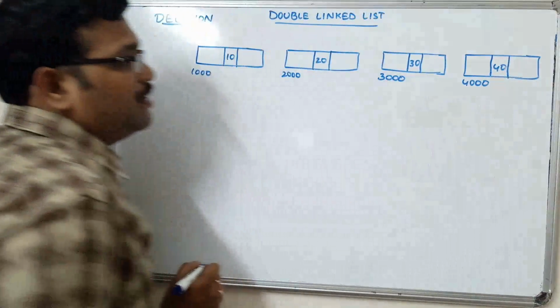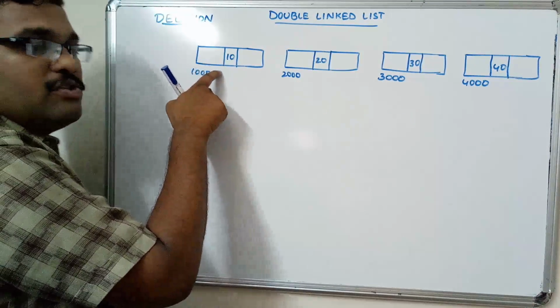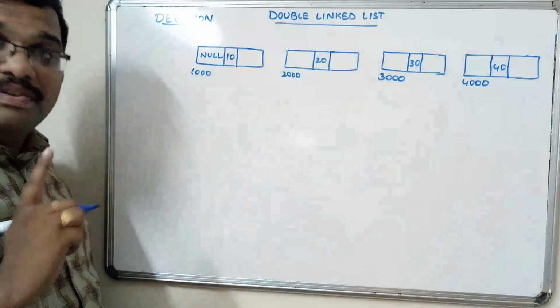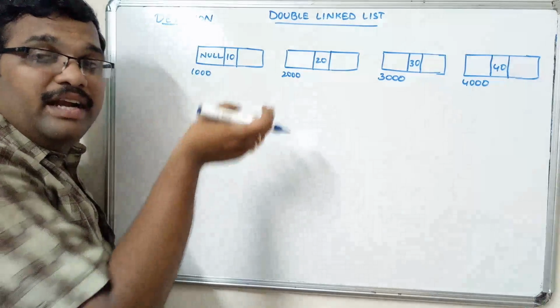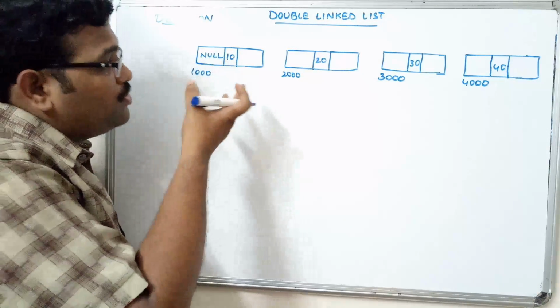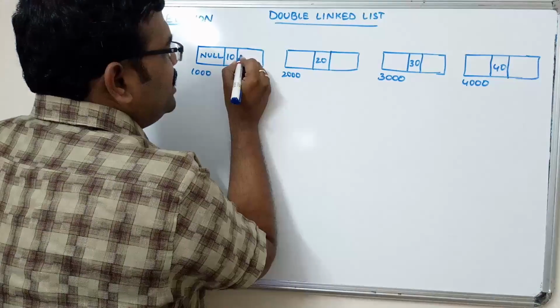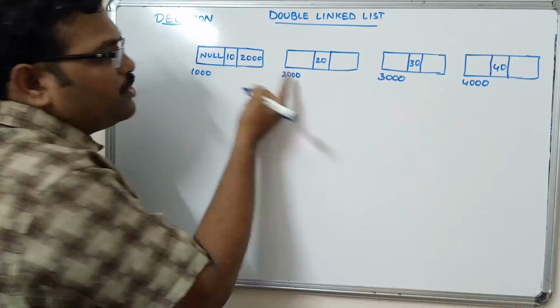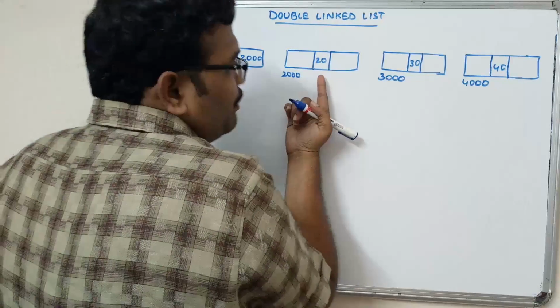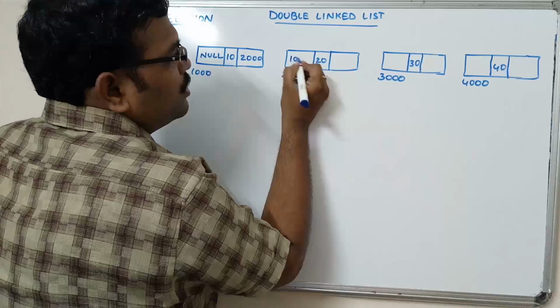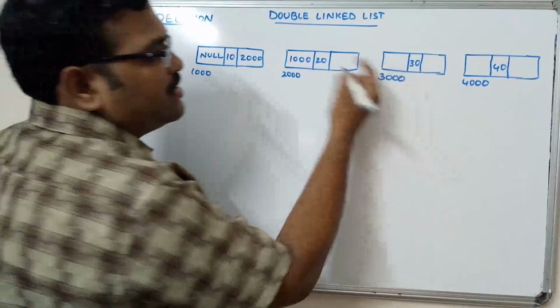30 and 40. In the previous field of the first element it will be null, because this is the first node, so it doesn't hold the address of any previous node. And the next field holds the address of the next one, that is 2000. Coming to 20, it holds the address of the previous, 1000, and the address of next, 3000.